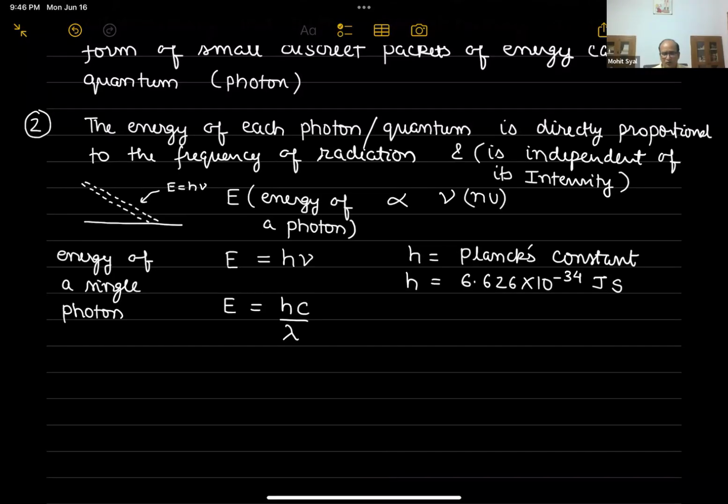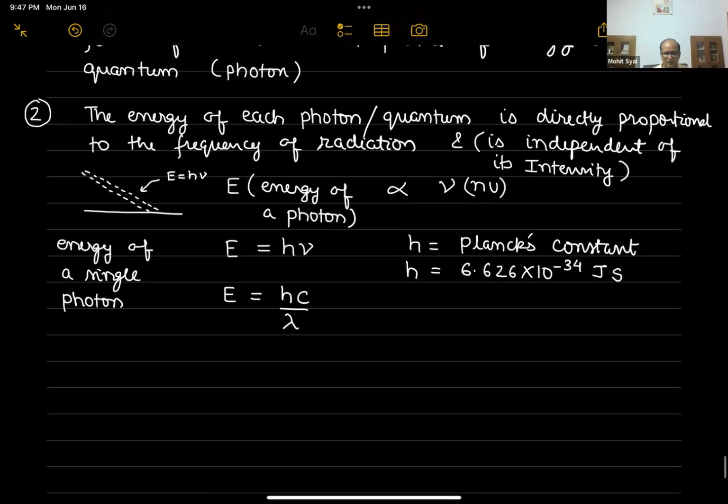So the total energy received or released will be n times, the whole number multiple of the energy of a single photon. Suppose I can give 10 photons, 20 photons. Is it clear?